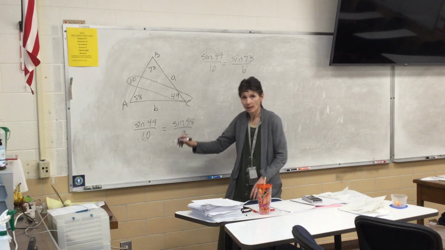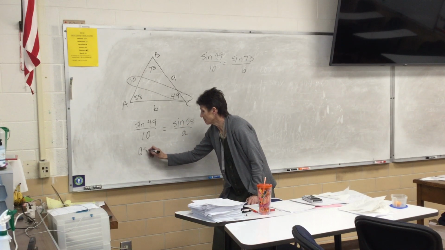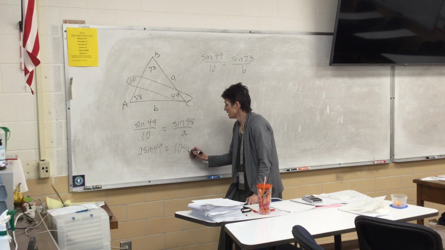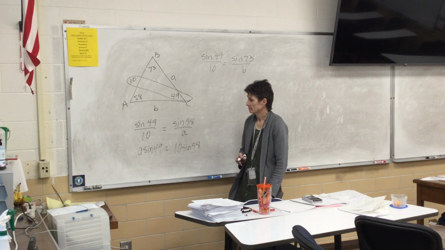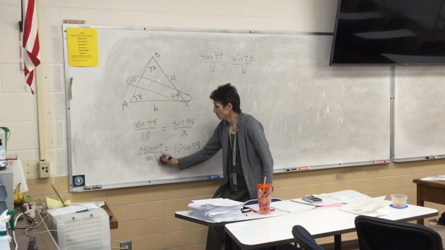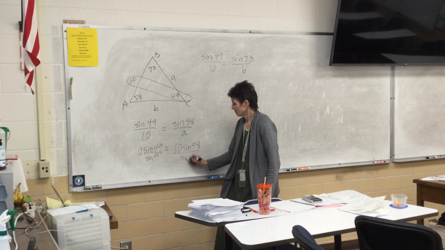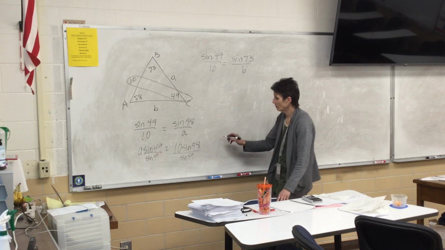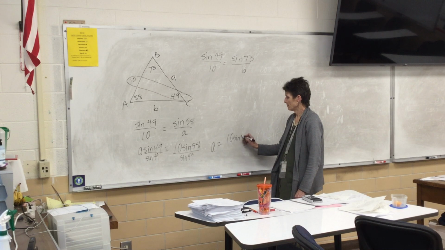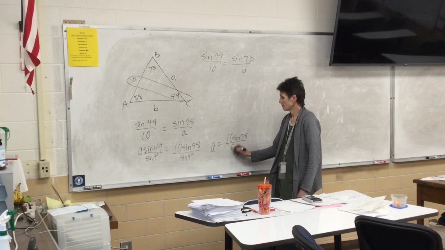So cross multiply. A sine 49 equals 10 sine 58. You're solving for A, so divide by sine 49. You want your variable by itself. So A equals 10 sine 58 over sine 49.